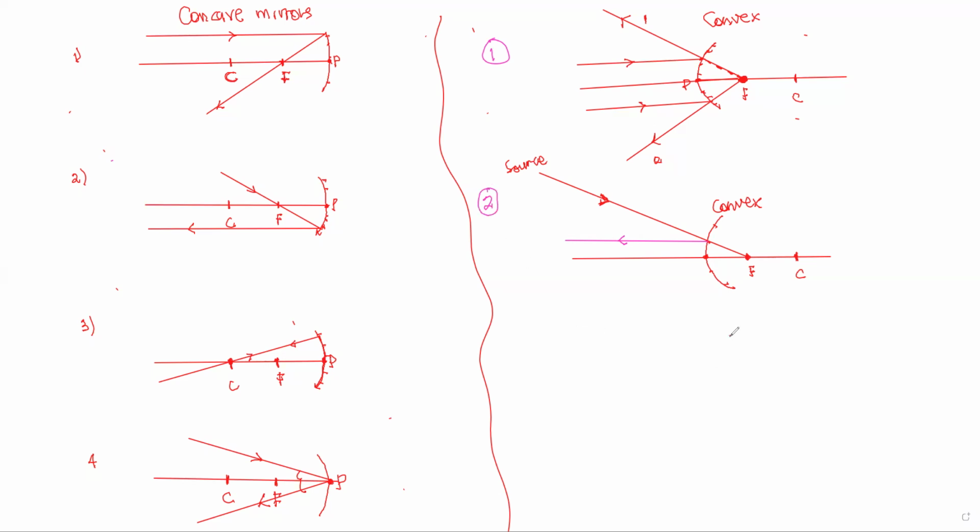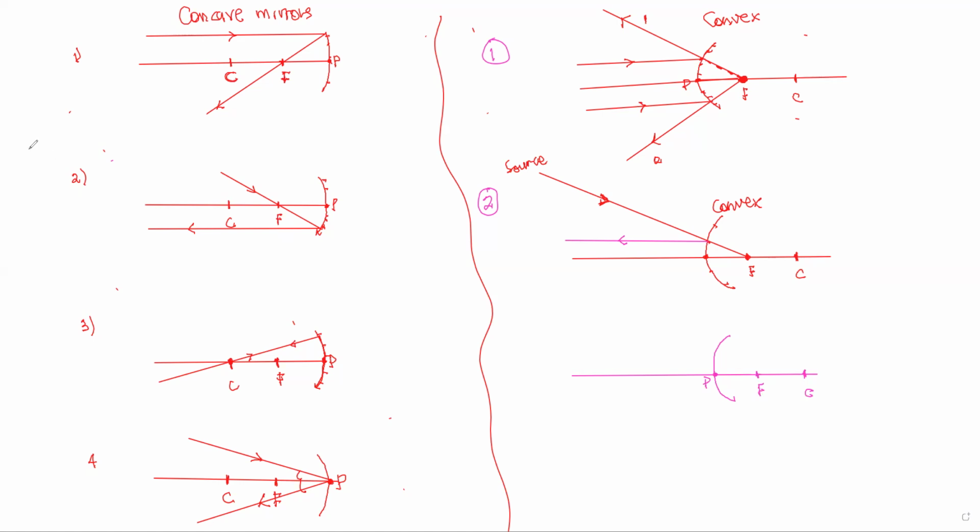Then the third rule. So this is C, half of C, this half of PCS, where the focal point is.